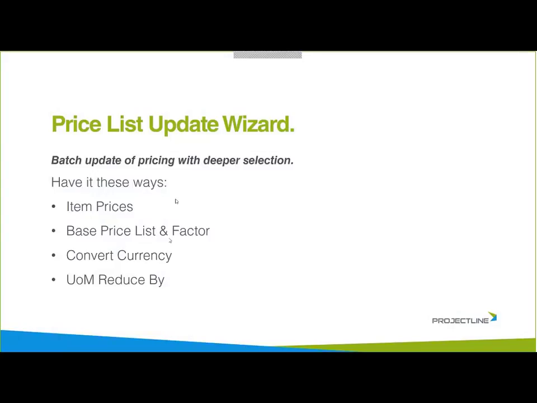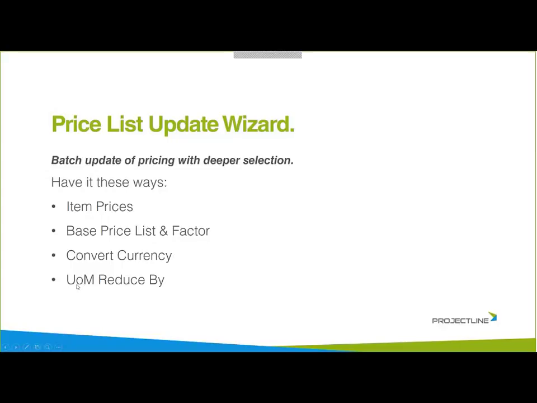One of the ways we can change price lists is on the basis of item prices, and we'll see an example of that. It'll make a little more sense in the example. We can also change the base price list that a price list is based on, or the factors. We can actually convert the overall currency of a price list.